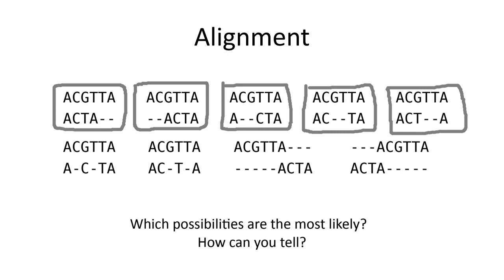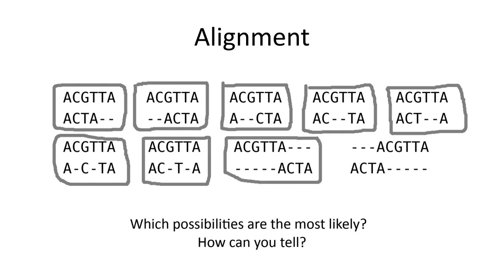I already introduced that this is all about homology. What letter is homologous to what letter? And that tells you what has changed. You can also think about it like this. Anytime you make an alignment where you pair up two sequences like this, you're essentially producing a hypothesis. And it's a hypothesis about what has changed.